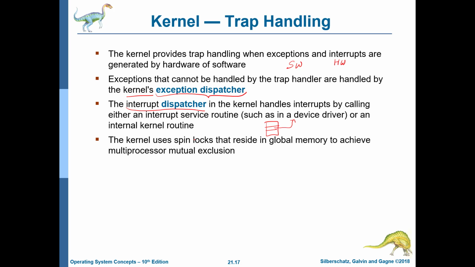So of course, the interrupt code in Windows. One thing is that because Windows is not an open source operating system, a lot of internal mechanisms are not really known. But it is widely believed that any operating system should primarily rely on a top half and bottom half kind of mechanism to handle interrupts. And then, of course, the Windows kernel does have a lot of spin locks that reside in global shared memory to achieve mutual exclusion when it comes to multiprocessors.